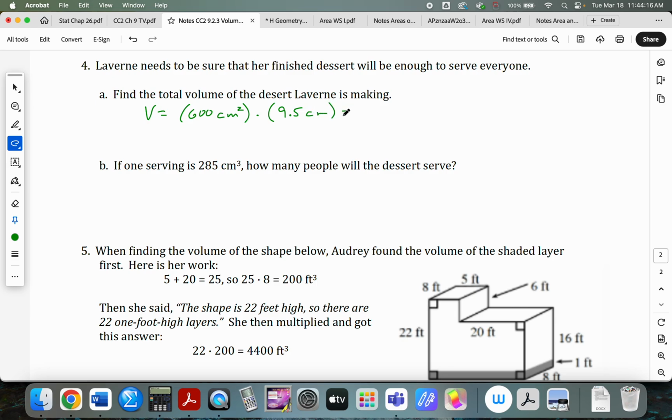Let's see. 600 times 9.5 is 5,700 cubic centimeters. If one serving is 285 cubic centimeters, how many people will the dessert serve? What do we need to do to find out how many people we could serve from this? 5,700 divided by 285.